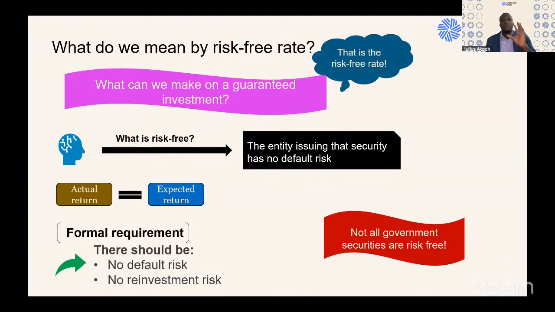Now, because we are saying that the risk-free rate is the return on a guaranteed investment, it means that the one who is issuing the instrument must be a credible institution. The credibility here means that the institution promises and the institution delivers.